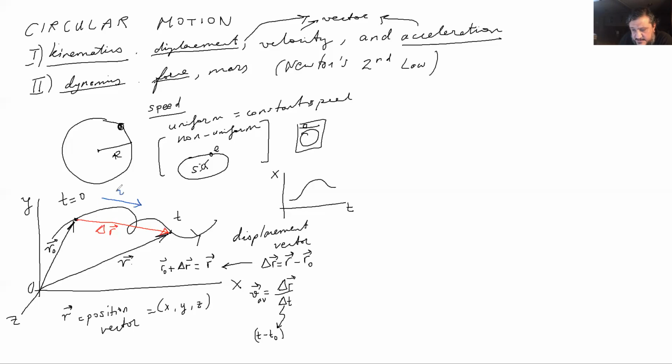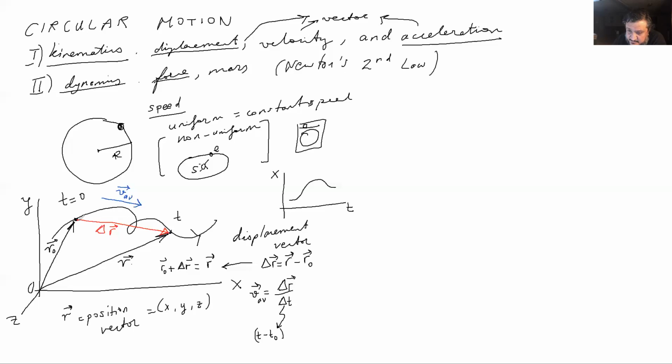This is your V average. Now, the length of this arrow that I just drew is just for representation. It doesn't really correspond to anything. You can't compare apples to oranges. So the length of this vector is some arbitrary thing I just drew. It has nothing to do with the actual distance here. This distance is meaningful because that's this side of the triangle, which corresponds to the actual displacement.